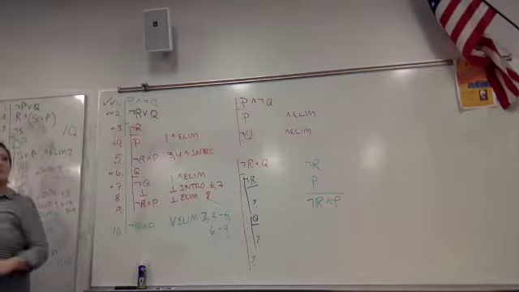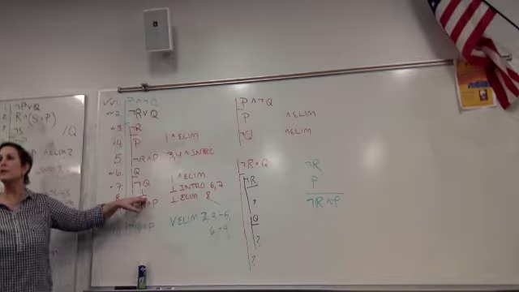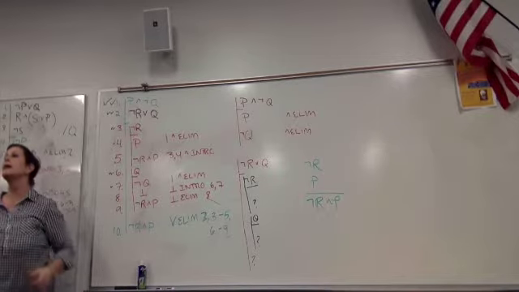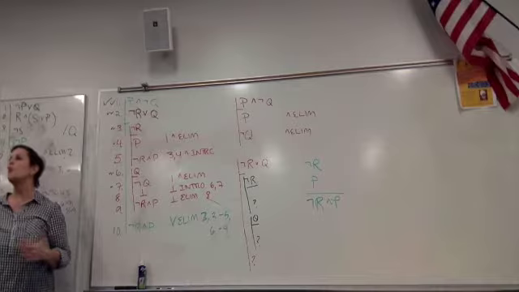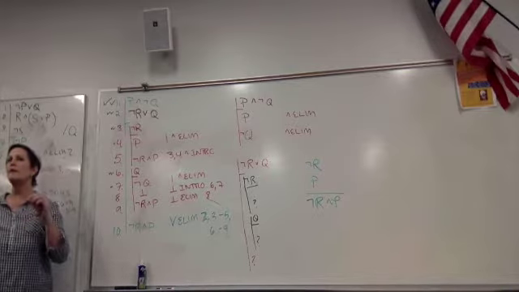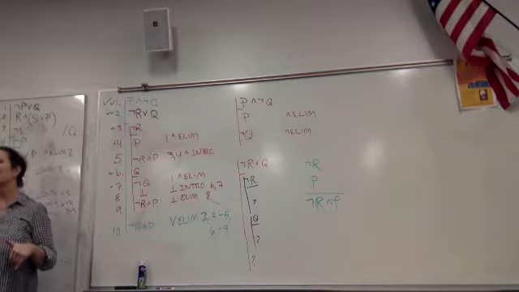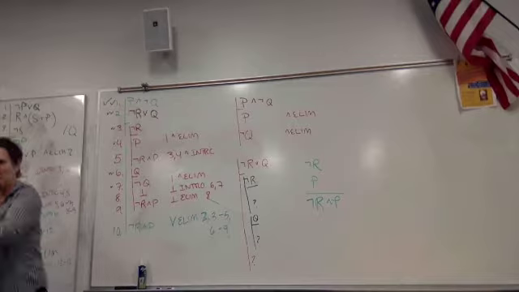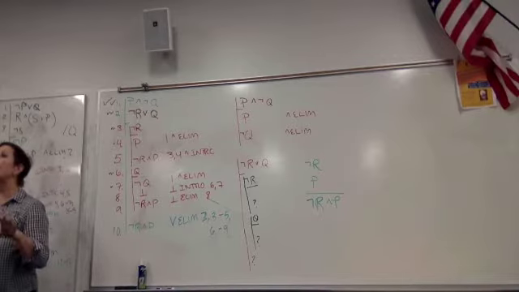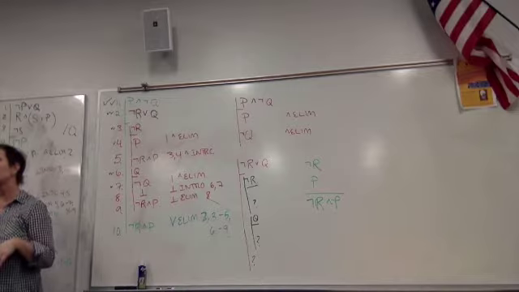The less snotty response is, once you've generated a contradiction, you can assert whatever it is that you want to say. I think for a lot of us, from a contradiction, anything follows, feels like cheating. What do you mean I can say what I want? I'm supposed to prove what I want. But don't forget that when an argument is valid, a contradiction tells you that one of your premises is false, right?